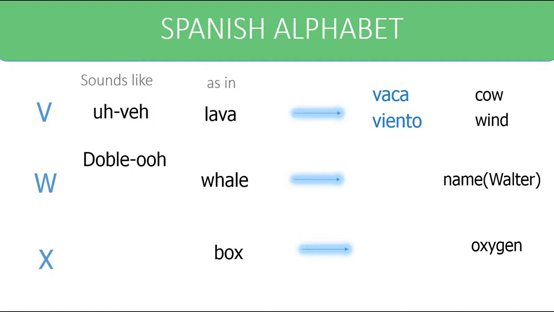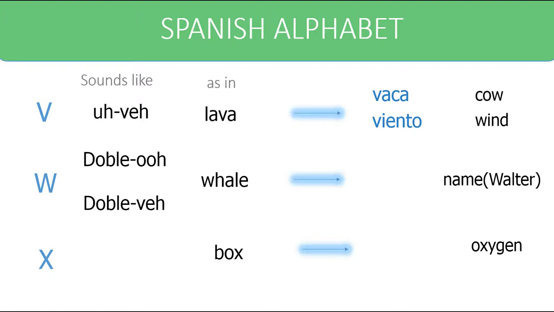Now there is the W, which in Spanish sounds like "w." Especially in Spain, they pronounce it one way, and in most Latin American countries, it is pronounced another way.